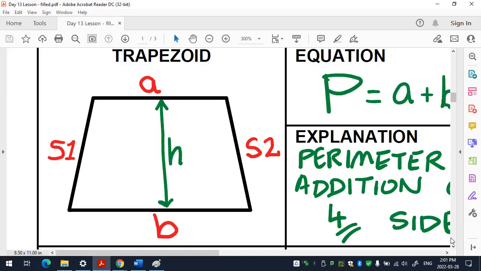Actually, now they're horizontal. Are they still parallel? Yeah. By the way, parallel lines never cross or never meet. Question. Is this one parallel to this one? Just look. Is A parallel to B? Absolutely. Is S1 parallel to S2?